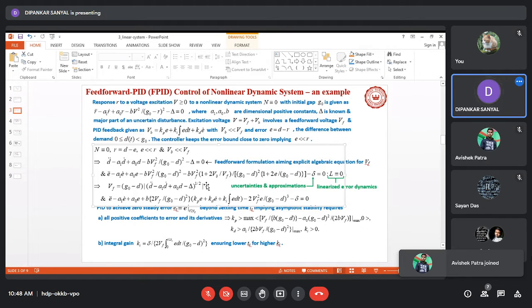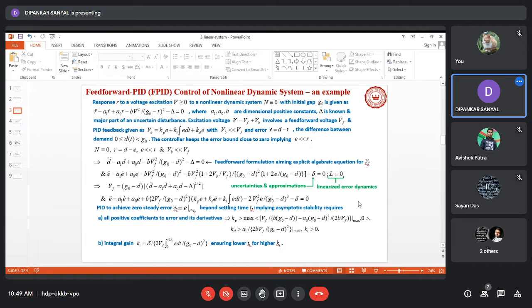As I was telling, it emerges as a function of time, because d dot, d double dot are all known functions of time, and this equation gives us an assessment of the feed-forward voltage, and this equation we recast by putting in the expression for VB in this particular term.